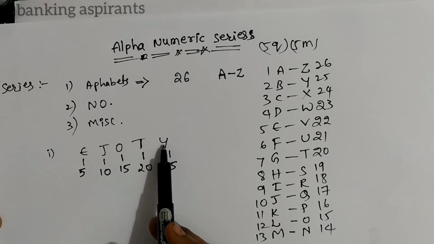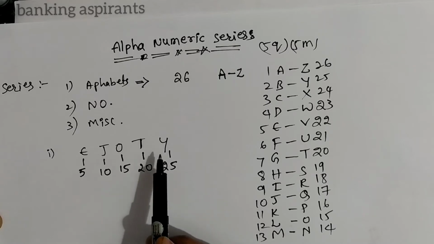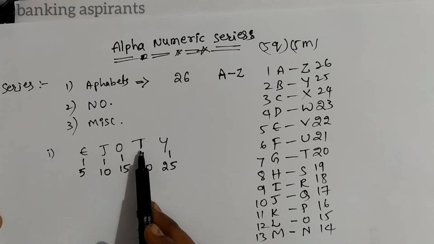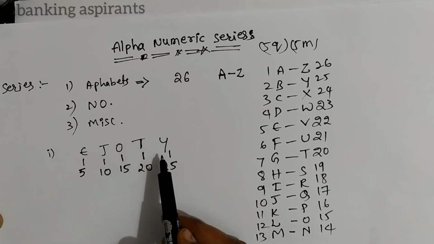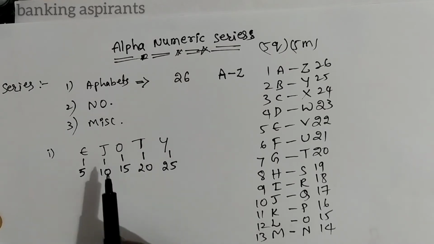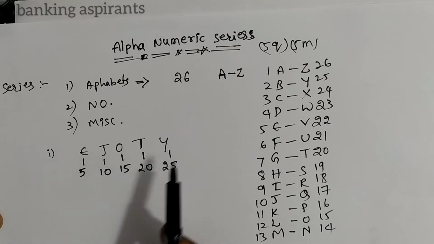X is before letter Y. We know that Y position value is 25, so we can easily say X position value is 24. And U is the next value of T. T position value is 20 and U position value is 21. Easily we can find the position values by using this simple trick, EJOT.